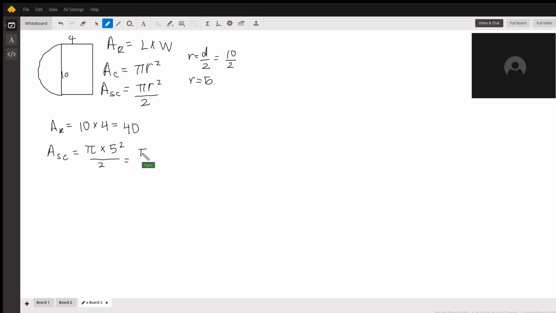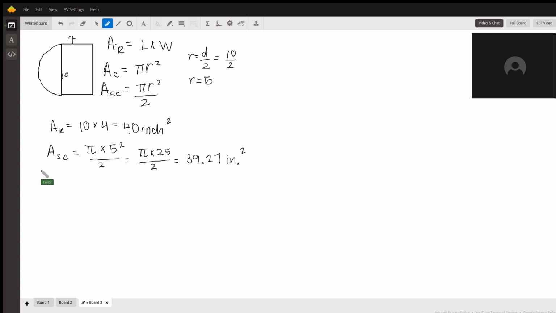So that's pi times 25, and then all divided by 2, which is going to be 78.54 divided by 2. So that whole thing together is going to be 39.27. And remember, we don't want to forget the units. So we have inches squared, or in squared.